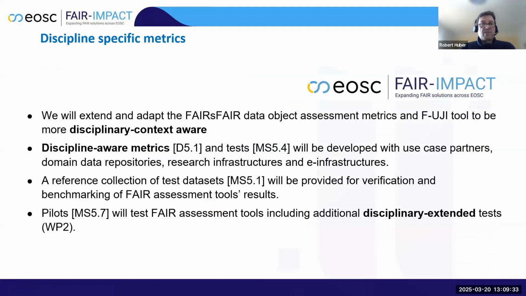During FAIR-IMPACT, we continued that journey, and the task for the team was to extend FUJI to become disciplinary context aware. So this required defining disciplinary metrics, and these tests and metrics have been defined in cooperation with use case partners.